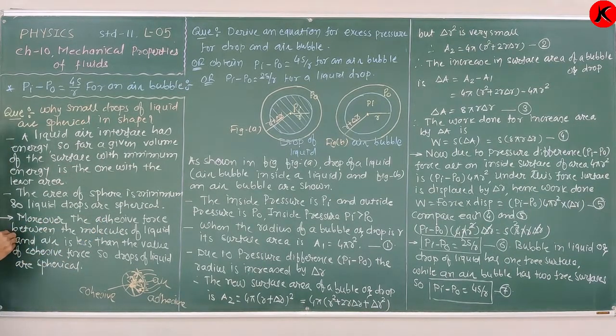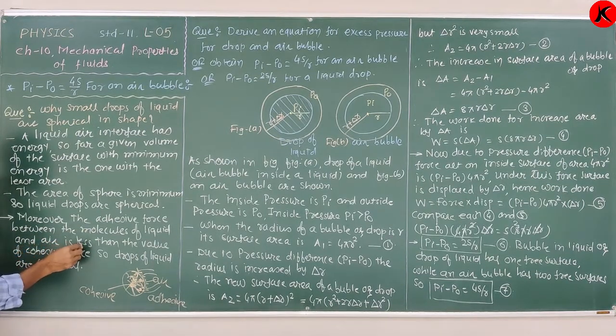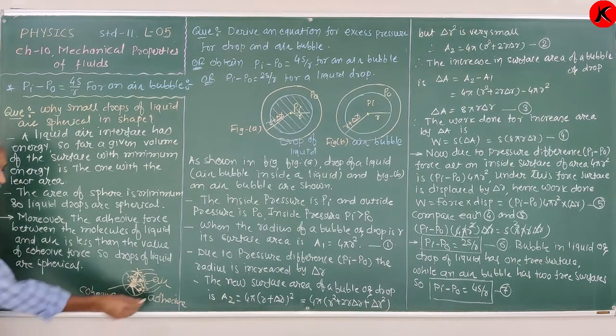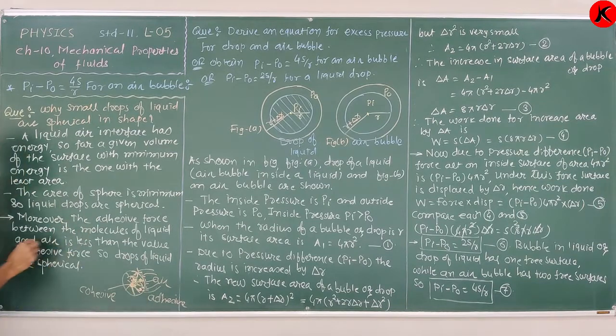Moreover, the adhesive force between the molecules of the liquid and air is less than the cohesive force between molecules of the same material. Right? So drops of liquid are spherical in shape.